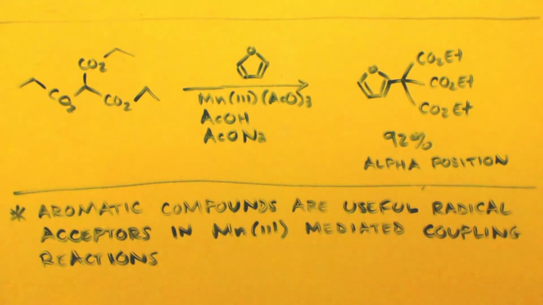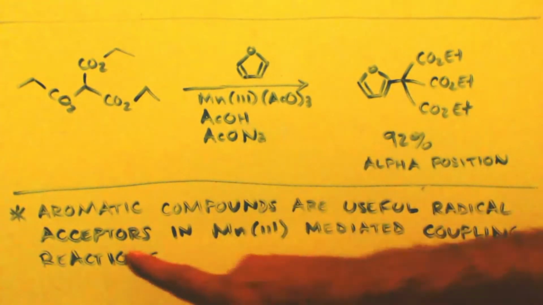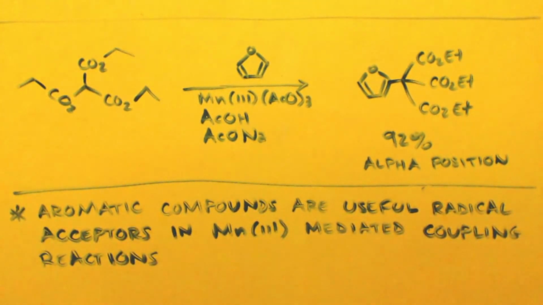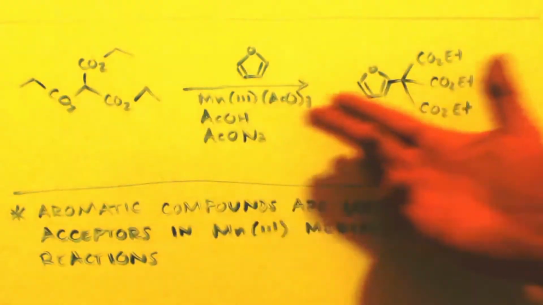I just wanted to bring that up, but here's another example of why I think this reaction will work, okay, on benzene. Here in Wikipedia it says aromatic compounds are useful free radical acceptors in Mn3 mediated coupling reactions. And it gives this example right here.